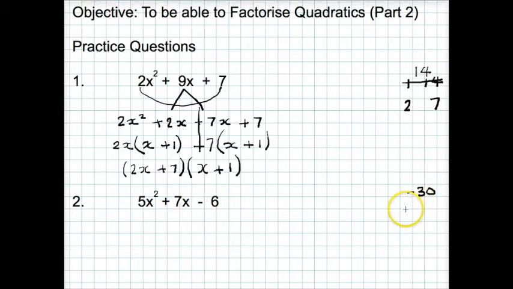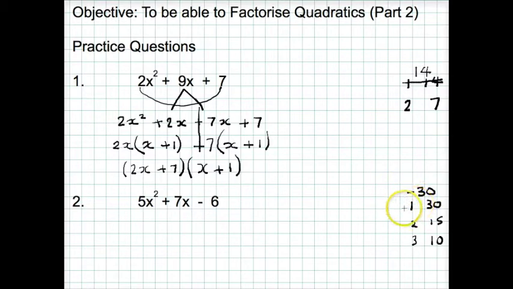So combinations could be 1 and 30, 2 and 15, and 3 and 10. Now, because this has to be a negative, one number in each pair must be negative, because a negative times a positive will give me a negative answer.